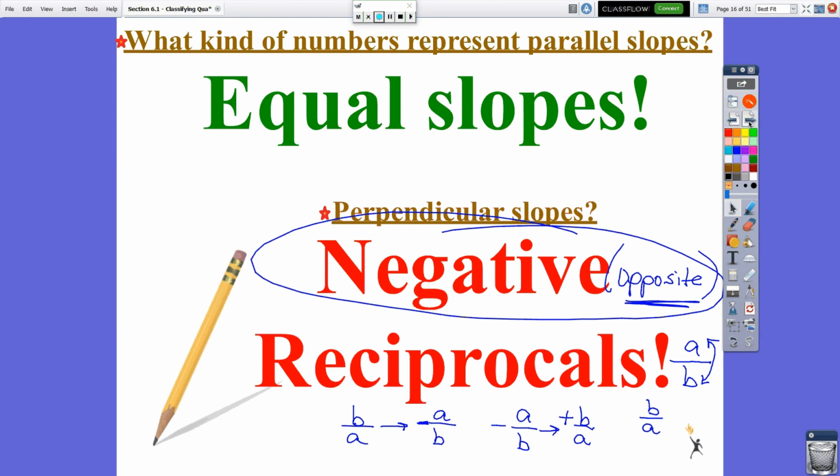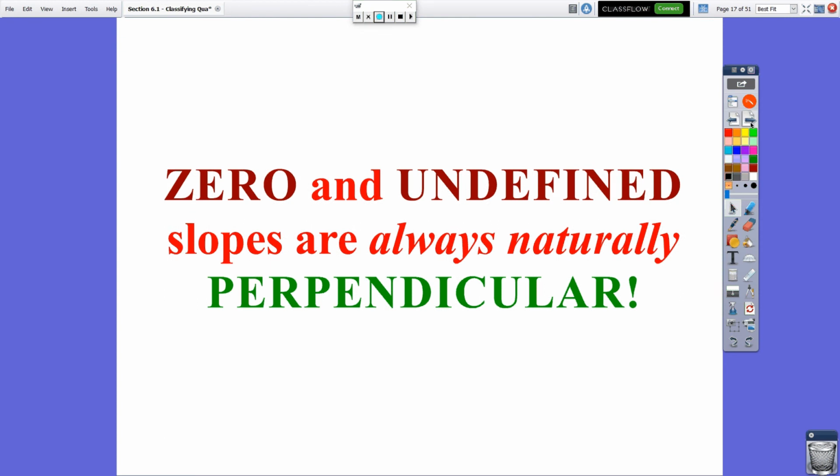Now, there's also going to be another case where I might try to trick you, and that is going to deal with zero and undefined slopes. Now, a zero slope, if we think about rise over run as being slope, if you had a zero slope, then that zero corresponds to the rise.